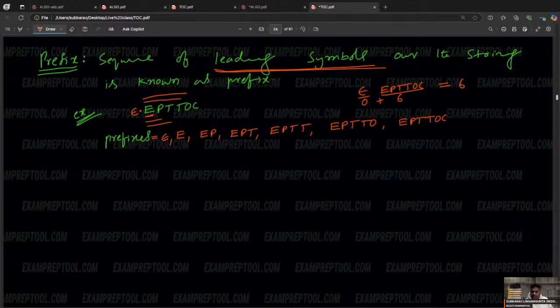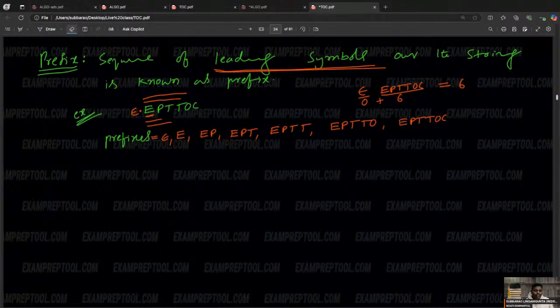But remember, first prefix is epsilon. Epsilon followed by E means E only, because at the end of the day, it is one length. First prefix is epsilon. Next one is E. Next one is EP. Next one is EPT.